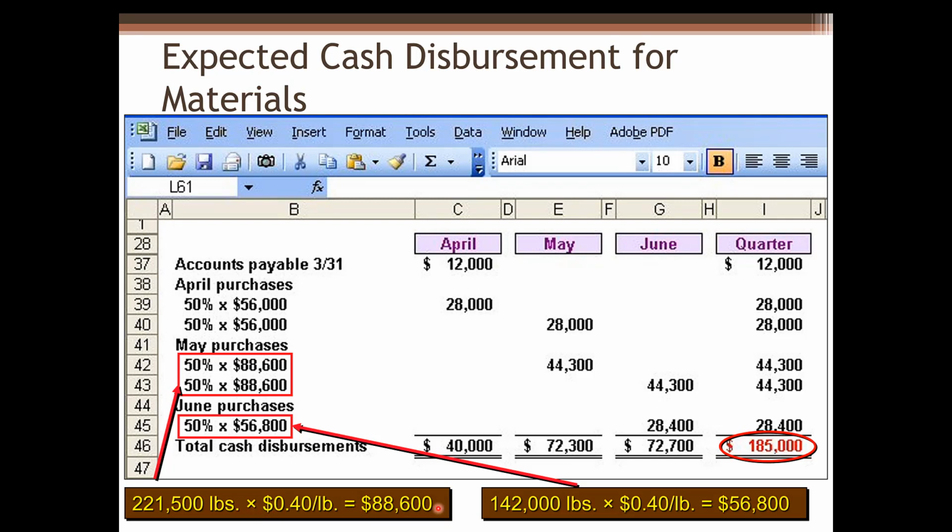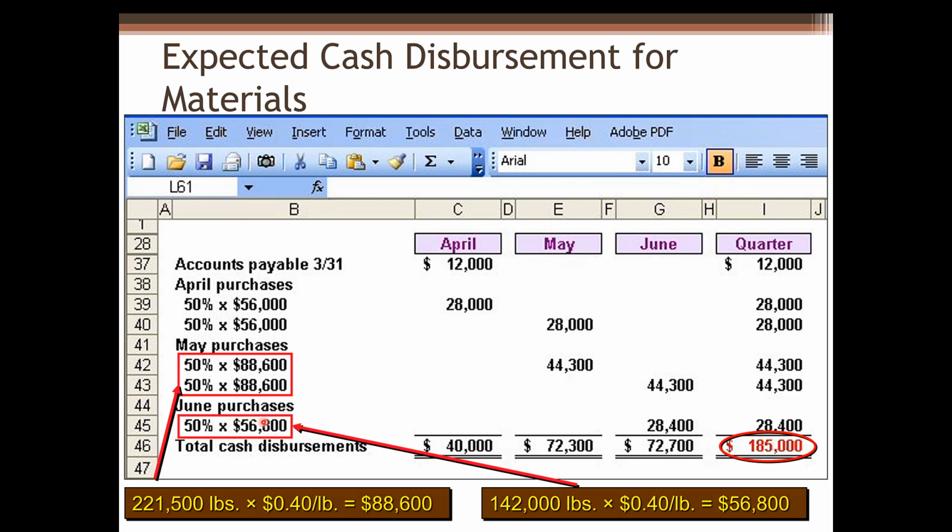So we calculate the total dollar amount of the purchase: 221,500 multiplied by 40 cents gives 88,600. Half will be paid in May, and the other half paid in June.